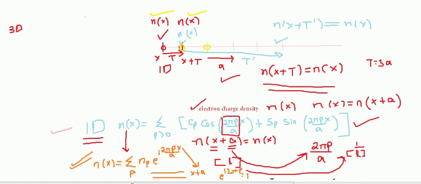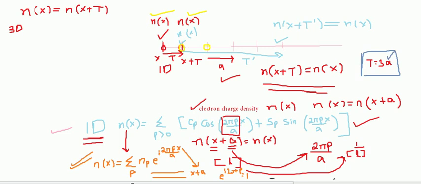So now let us deal with 3D. Take a 3D crystal, and in the 3D crystal you want your n of x, which is the electron charge density, to be invariant under any translation in 3D. In 3D the translation is given by t, but the form of t will be different. For example, in 1D the translation was given by this, so it has only a because a was the only parameter.